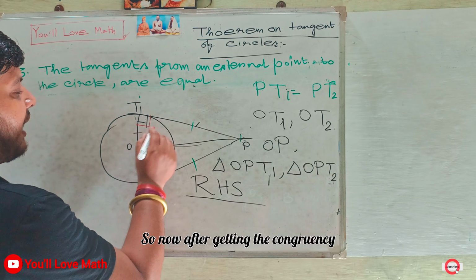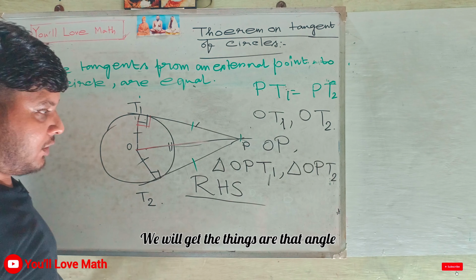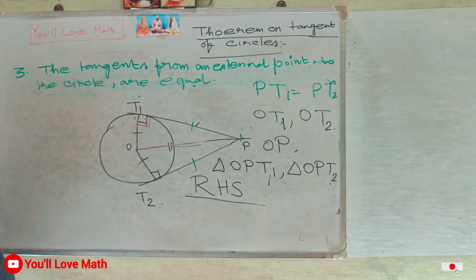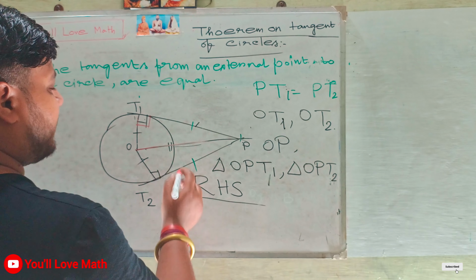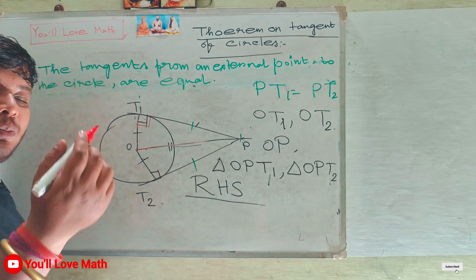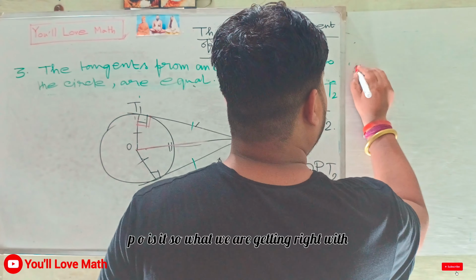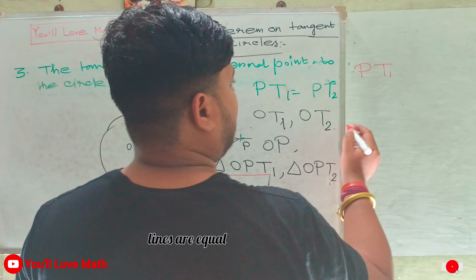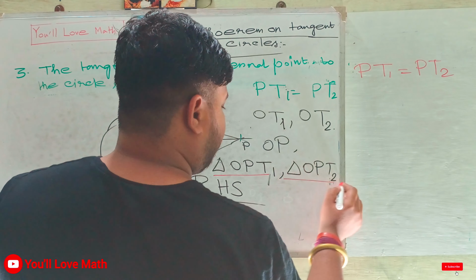So now after getting the congruency, what will we get? Write with me. First we are getting the lines are equal: PT1 equals PT2. Fine.